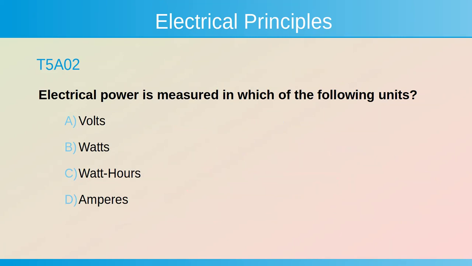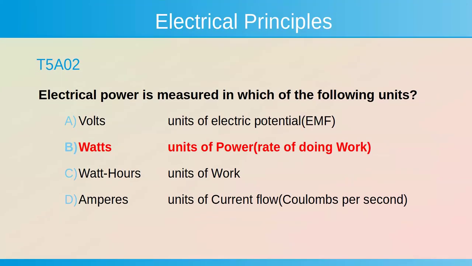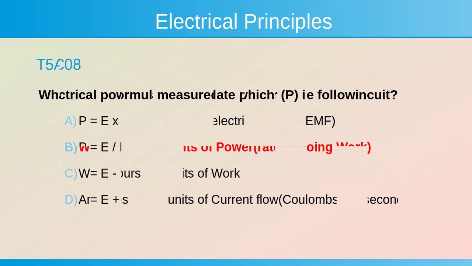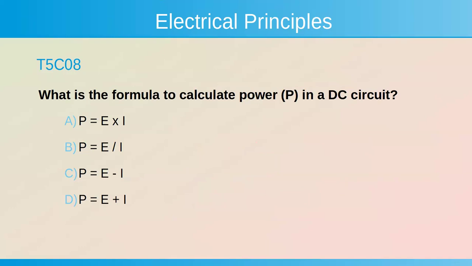Electrical power is measured in which of the following units? Bravo. The rate of doing work in watts. Capital W.